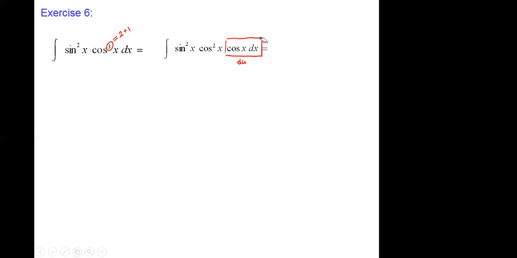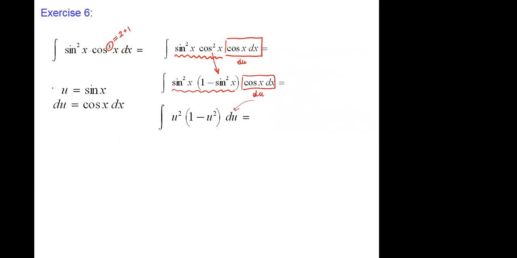However, in order to do this, the rest of the formula, which is this part, must be rewritten in terms of sine. If I'm planning to do the u substitution, u equals sine of x. Sine square of x can stay, and now we have cosine square. We do have an even power. We like even powers. That's cosine square of x in terms of sine: 1 minus sine square of x.